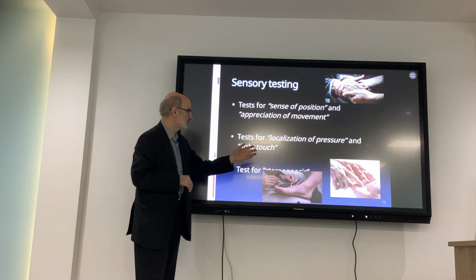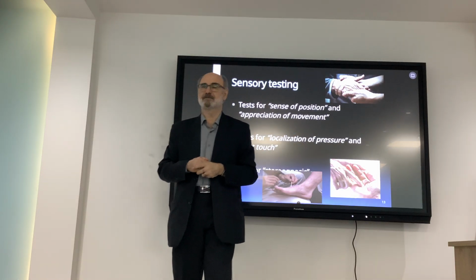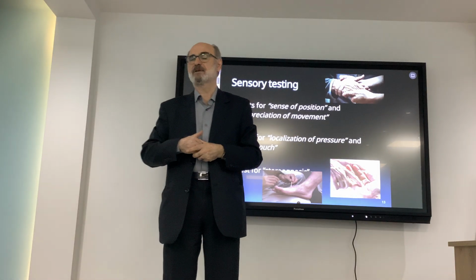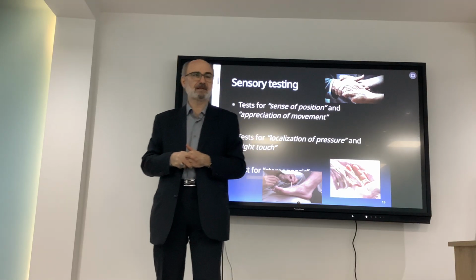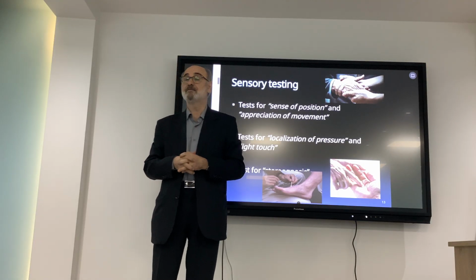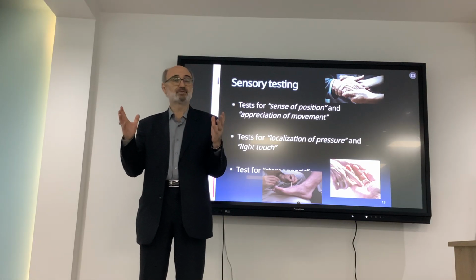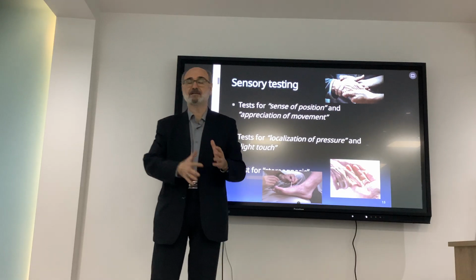For the localization of pressure and light touch, the procedure is the same as I described for position sense and appreciation of movement. You describe the procedure, you show the procedure on the intact side.